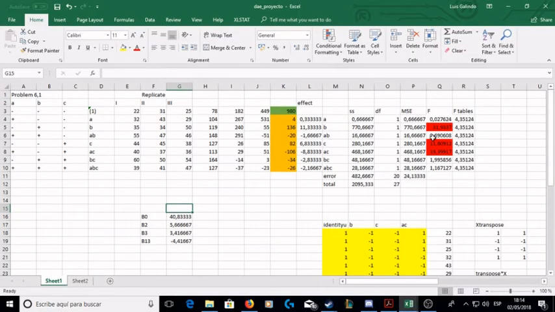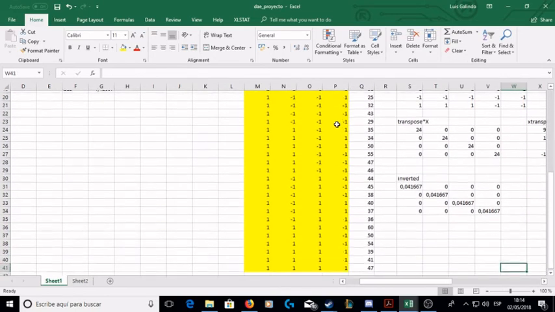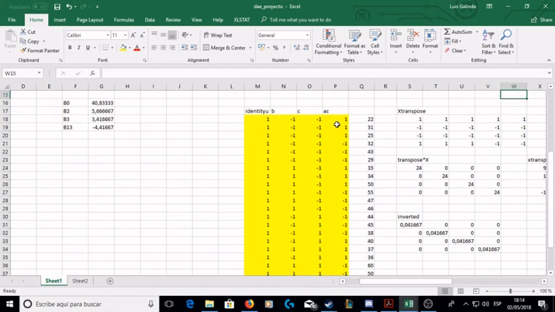So now that we know that we just care about B, C, and AC, we can run a linear model with matrices to know what our parameters are. We place the data, and as you can see, we only have B, C, and AC.